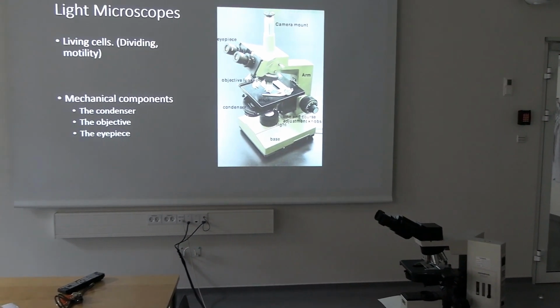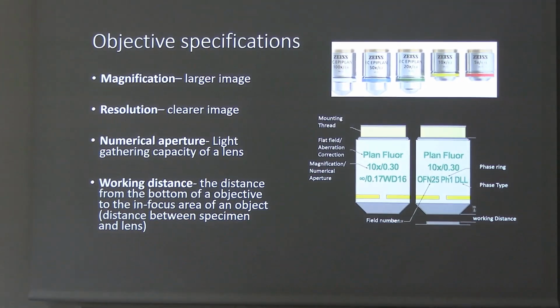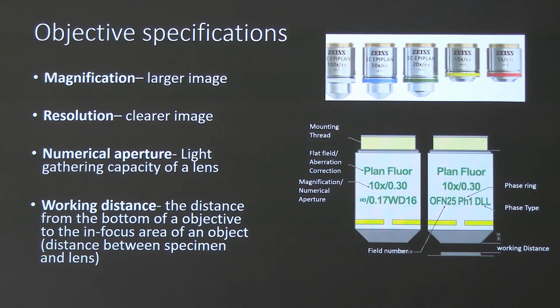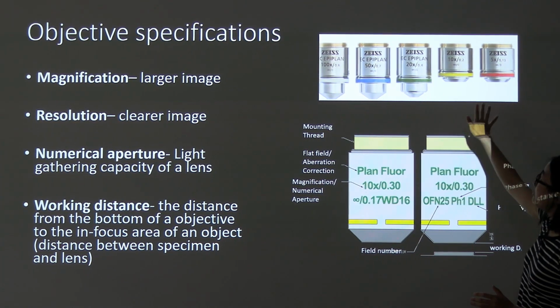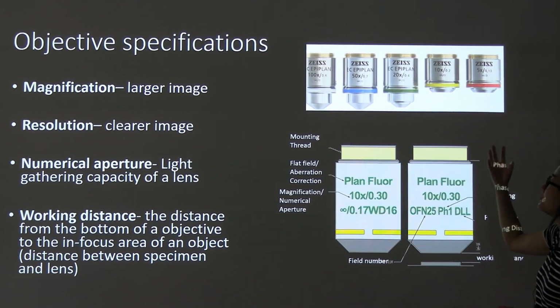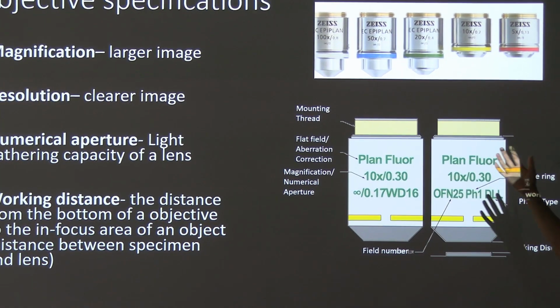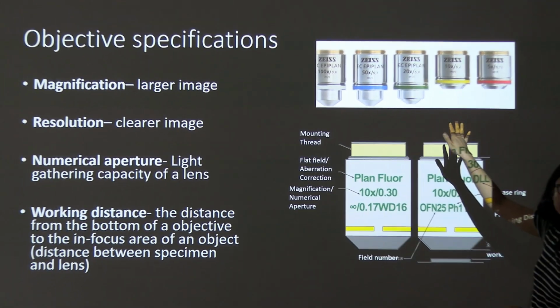And next, I will show you some objective specifications. You can see here there's a lot of notes on the surface of the objectives. So how could you read it? For example, there's information about which company it comes from.